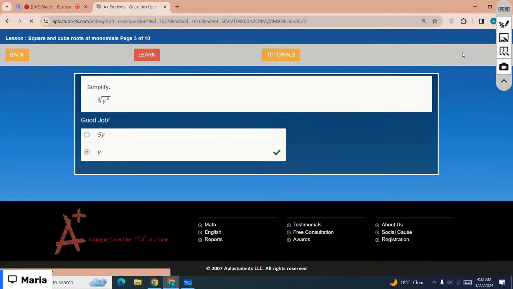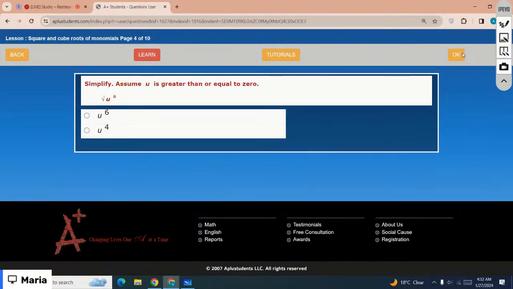The next one is square root of u^8, which is the correct option?